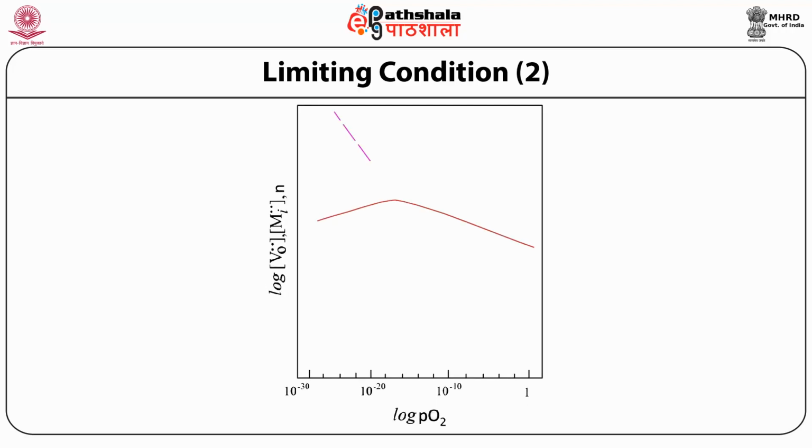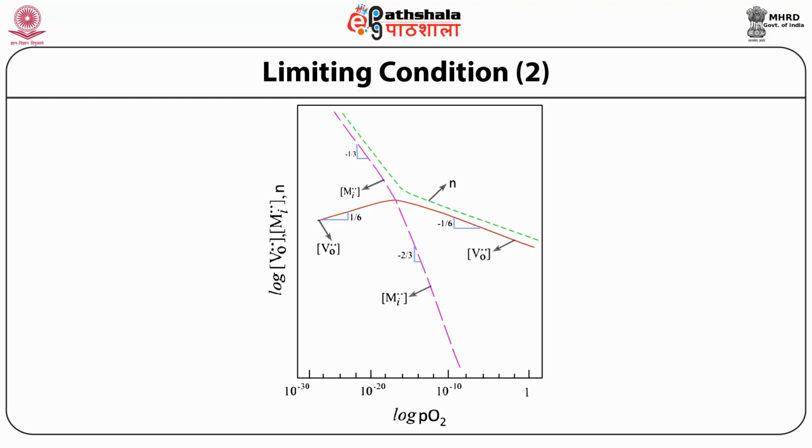So according to the electrical neutrality condition, NH is equal to twice the concentration of Vm double prime, and hence half of Ne is equal to the concentration of Vm double prime, which comes out to be K by 4 to the power 1 by 3 times PO2 to the power 1 by 6.